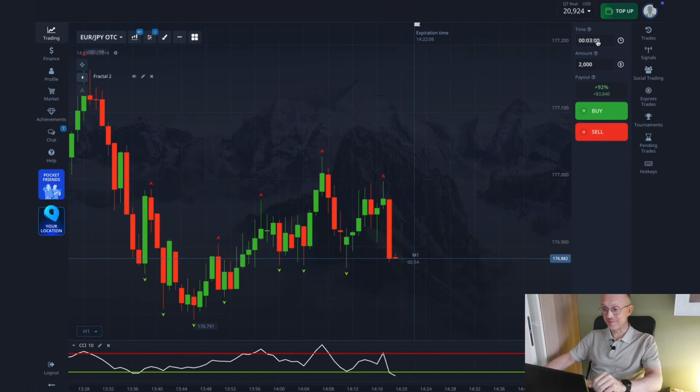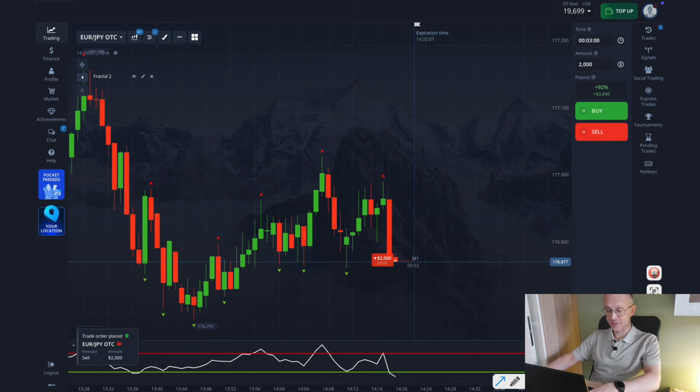Good opportunity. The expiration time is 3 minutes and I'm opening a short trade for $2,000. All signals converge and the market is moving exactly as predicted. I enter the trade with confidence as all confirming factors indicate a continuation of the trend. And I observe some sideways movement on the chart, which is often a sign of energy accumulation before a strong movement.